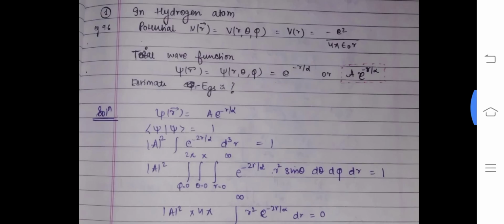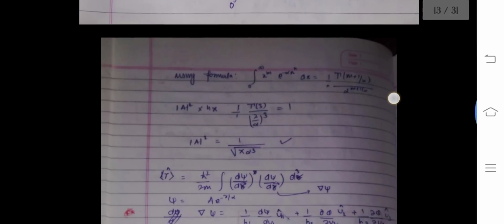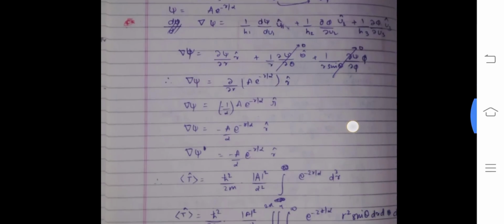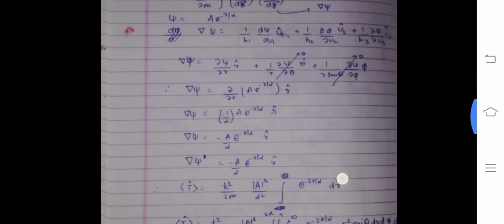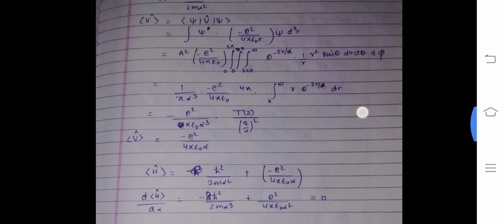So I have just solved this question using the variational principle. What we do is, firstly we find the normalization constant, then we find the kinetic energy, as you can see, and then we find the potential energy.